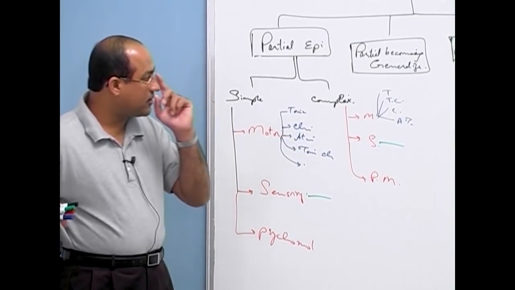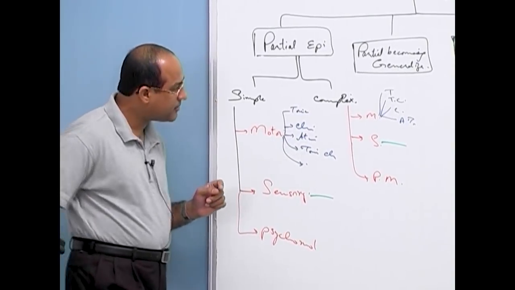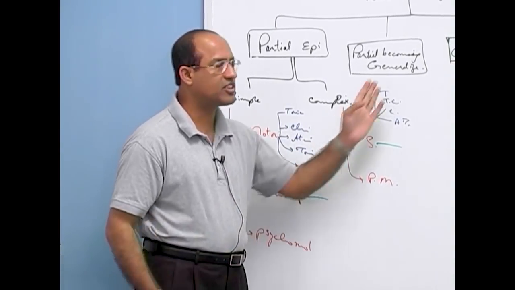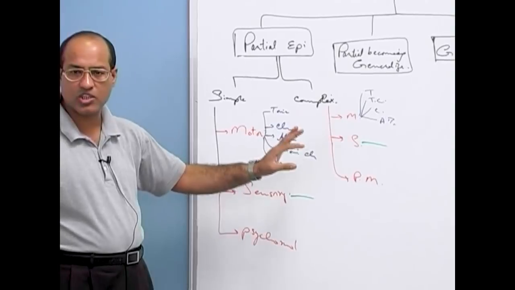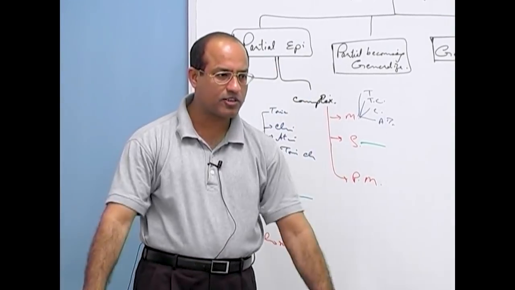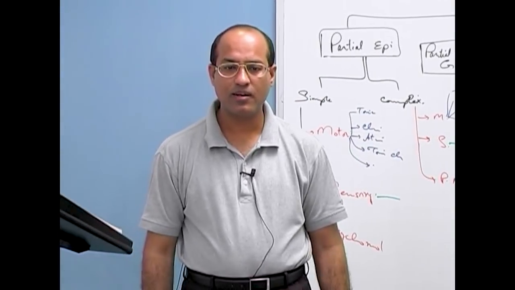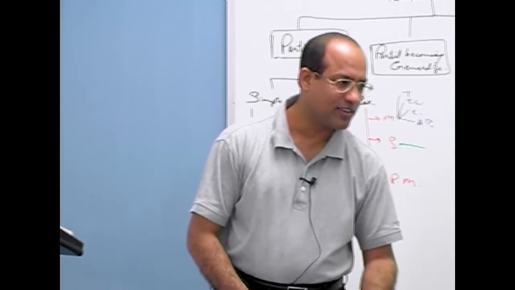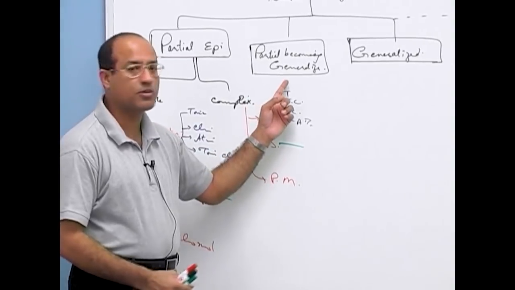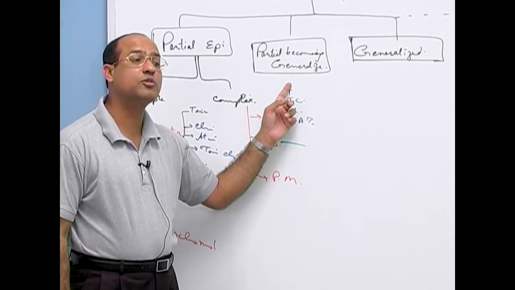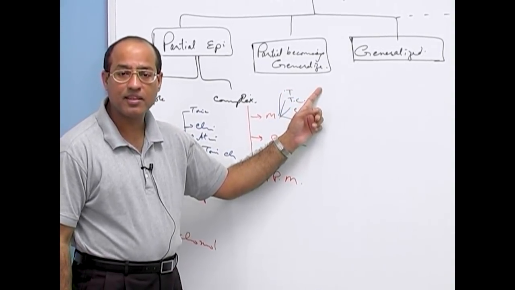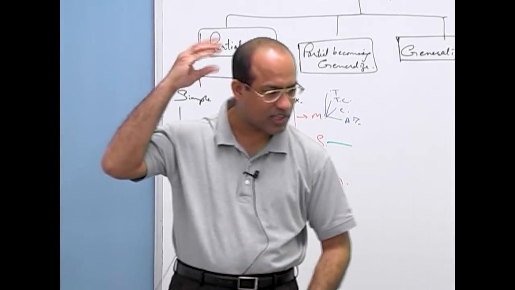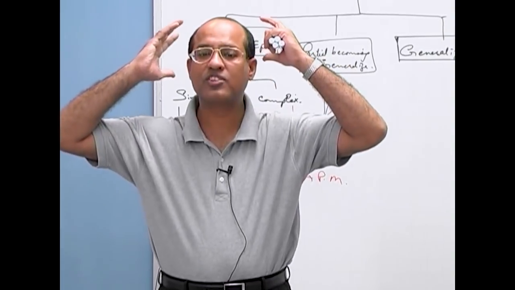Then we come to another thing, and you have learned this. Many times patients start with one of these partial situations and then the whole body undergoes tonic or clonic activity. What has happened? Partial has become generalized. So there is no fun in telling that there may be simple partial which converts into complex partial and eventually becomes generalized. Generalized means that patient started with one focal problem, electrical discharge, then both hemispheres started.